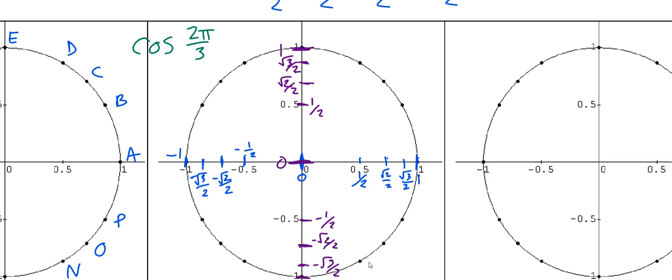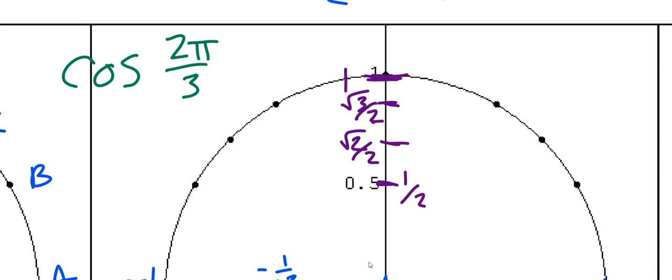I'll ask you another one. So that one was negative 1/2. How about the cosecant? Or maybe we should just start with a sine and then we'll figure that. Okay, we'll start with easy instead of throwing you into the deep end.